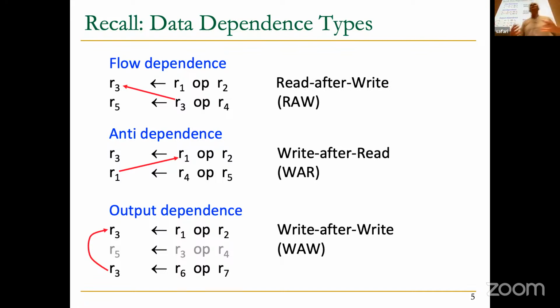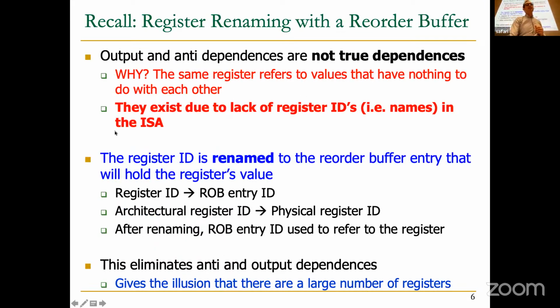But from a communication perspective between instructions, there's nothing between these two instructions, right? They just happen to collide in the namespace, if you will. And basically, we eliminated this problem, this collision in the namespace, by renaming the architectural register ID to the reorder buffer entry yesterday. And you remember the illustration we went through. We're going to go through a very similar illustration today.